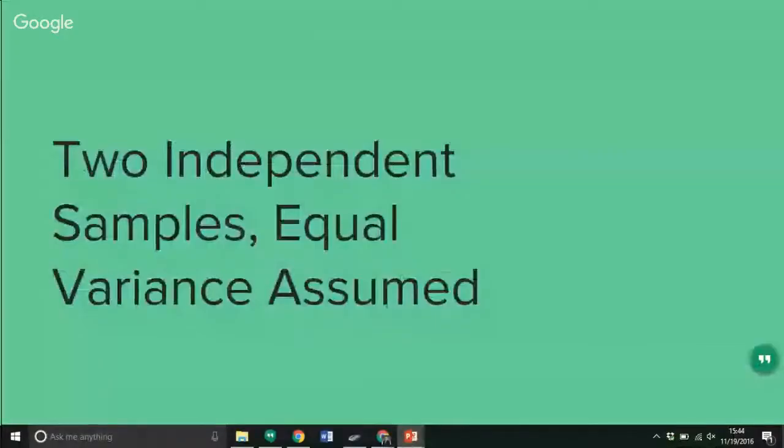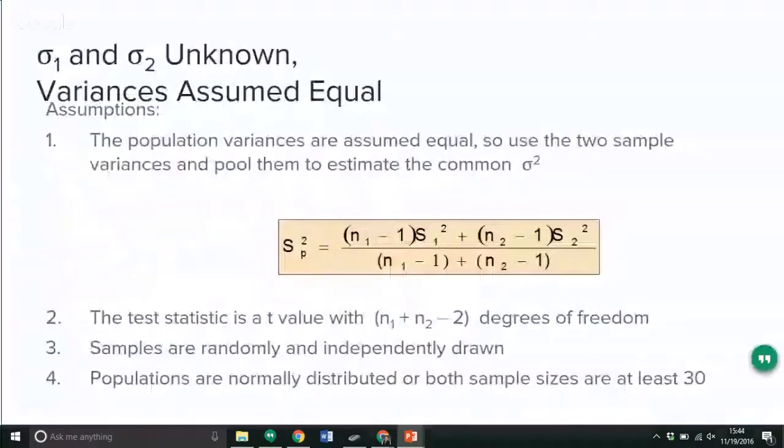Let's go back to our actual tests, okay? Let's assume that we have two independent samples and that equal variance is assumed. What would this look like in equations? First of all, the assumption of variances assumed equal is that we would be using a pooled variance.